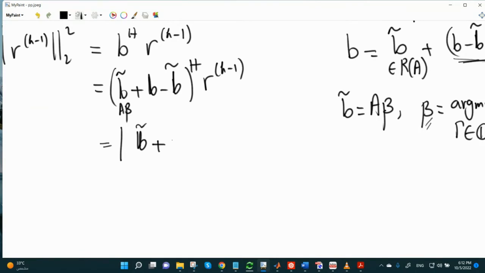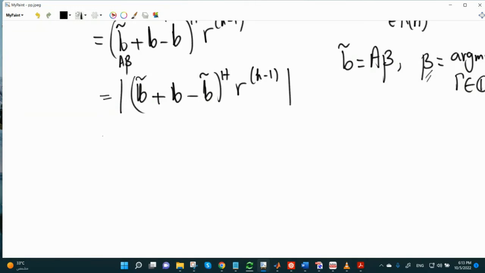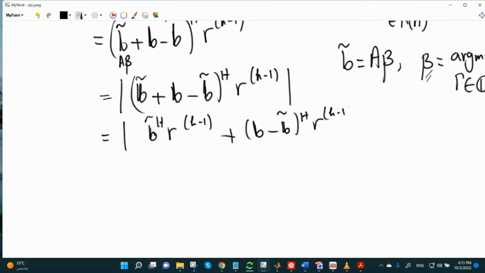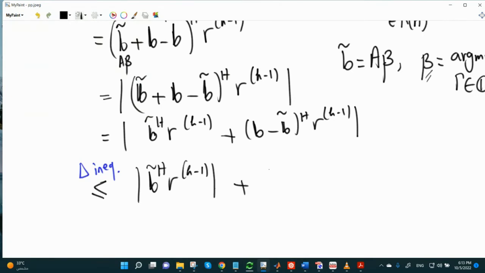So it won't harm us if we insert a magnitude, and then we can split into these two terms, and then we can apply the triangle inequality, and so this is less than B tilde Hermitian R_{k-1} plus this guy here.